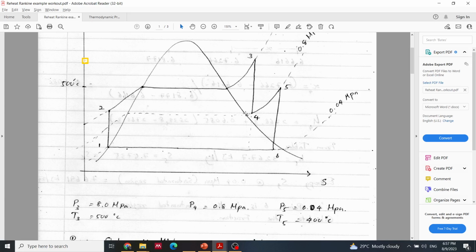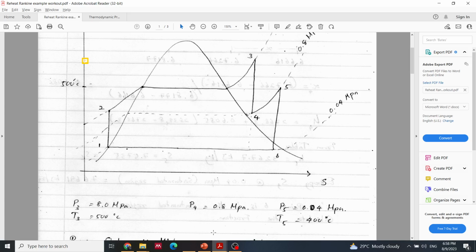At this point you can find the SG value and compare it with the S4 value. Then we can find out whether this point lies in the superheated region or the saturated region.